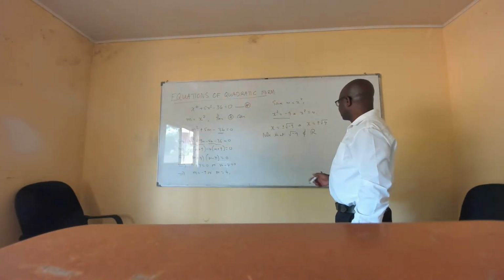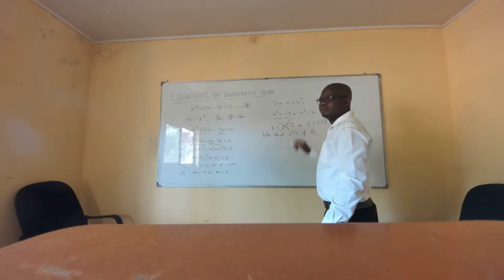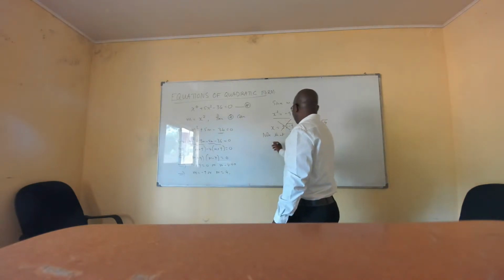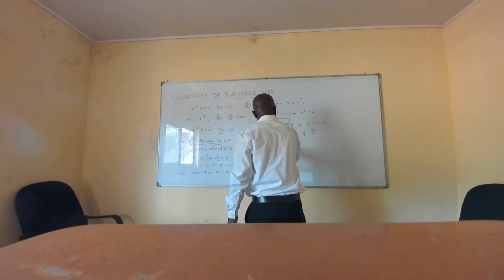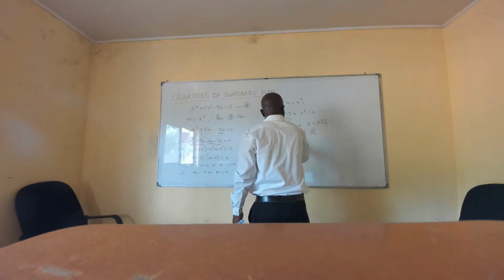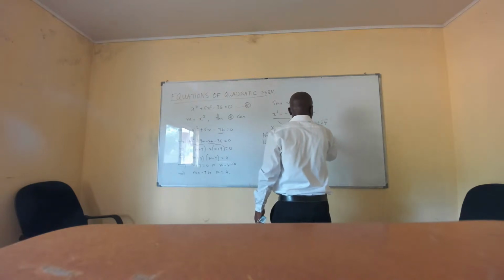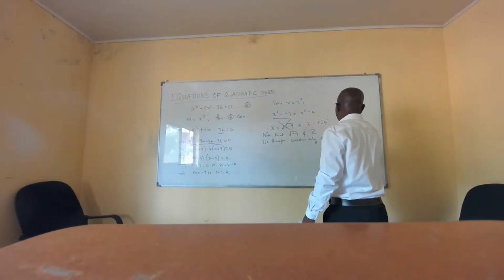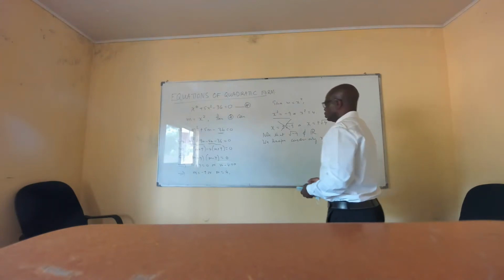So if it's not a real number, we'll forget about this part and just consider only x equal to plus or minus the square root of 4, which gives us plus or minus 2.